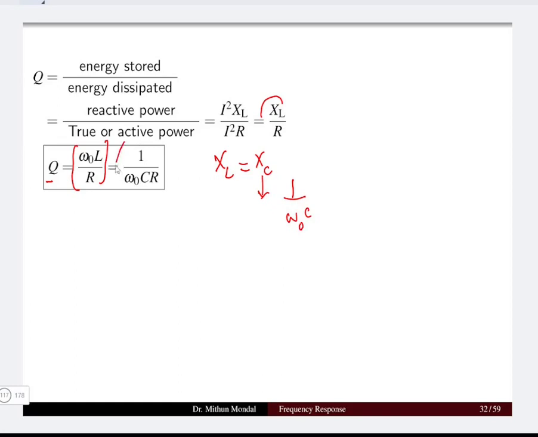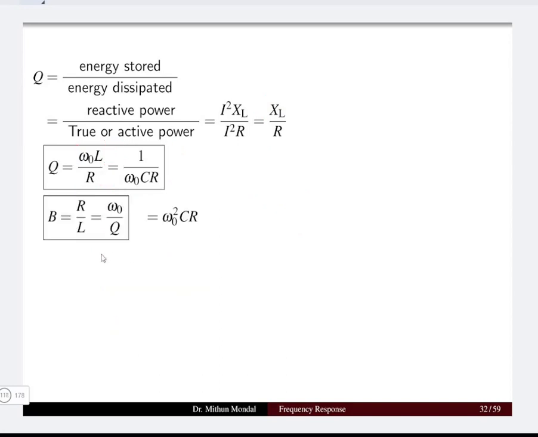That gives a relationship 1 by omega naught RC, that is the quality factor of the network. So in general we can say that quality factor is equal to XL, that is the inductive reactance, or XC, divided by R.